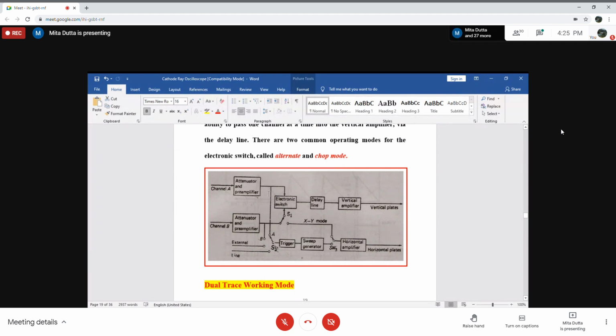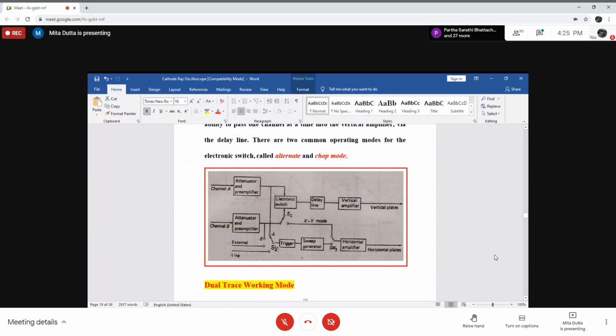Here we have two different attenuators and amplifiers for two different channels or two different input signals. Then we have a single vertical amplifier and a single horizontal amplifier.